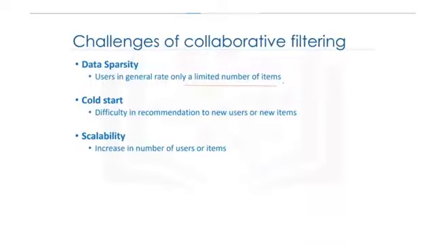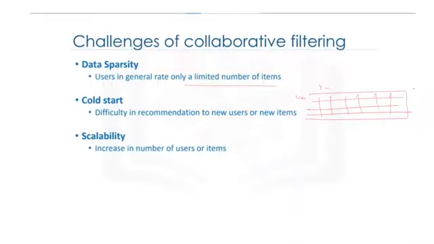What is sparsity? Sparsity means if you have a huge matrix, let's suppose these are all items. Just imagine an Amazon kind of business, where millions of items would be there. So you will find millions of columns, and the rows would be the users. You will have millions of users also, so that many rows. But these users will rate only a few items, right? Practically, they may not buy all the items.